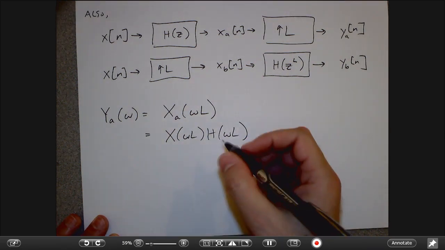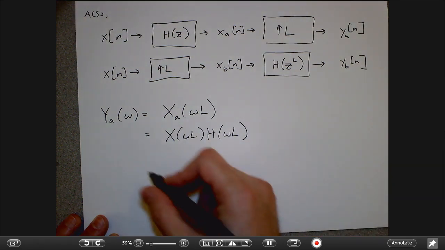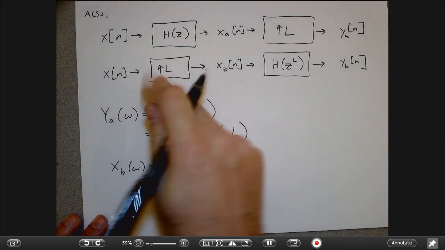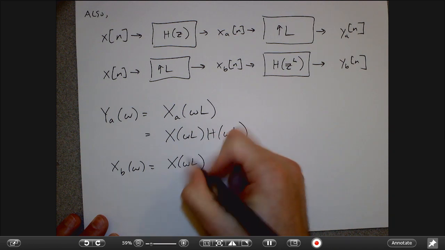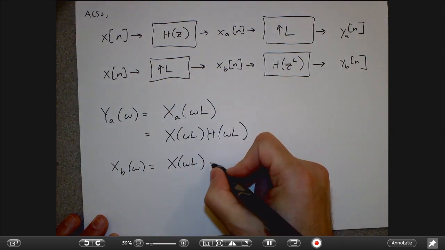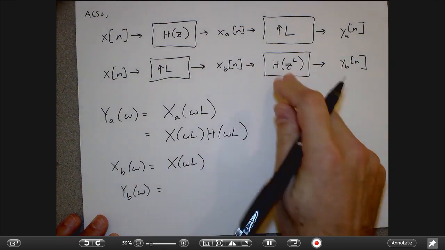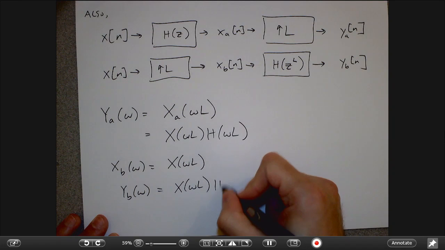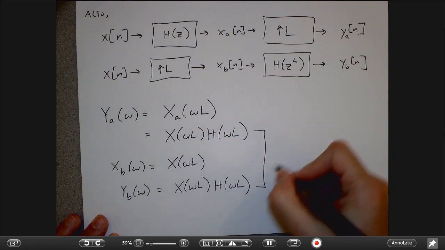Okay. Now let's figure out what the bottom one is. So my xb of omega is simply what I would get if I were to expand, or shrink down my original x, and then I'm going to filter it with this, which is the same thing as applying this frequency domain, and so these things are equal, right?